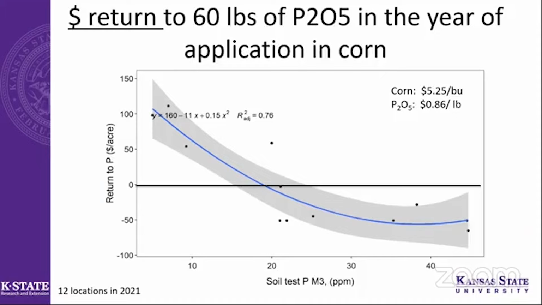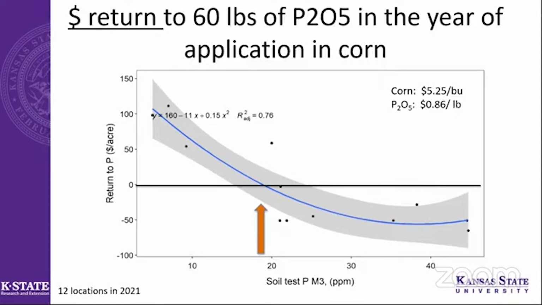So what we have here is at what point that return to phosphorus fertilizer becomes positive. And this is using 60 pounds of P2O5, so keep that in mind. Obviously, that can be different depending on what rates we are recommended. But I use 60 pounds, a little bit based on that removal basis, assuming somewhere around 200 bushel corn.